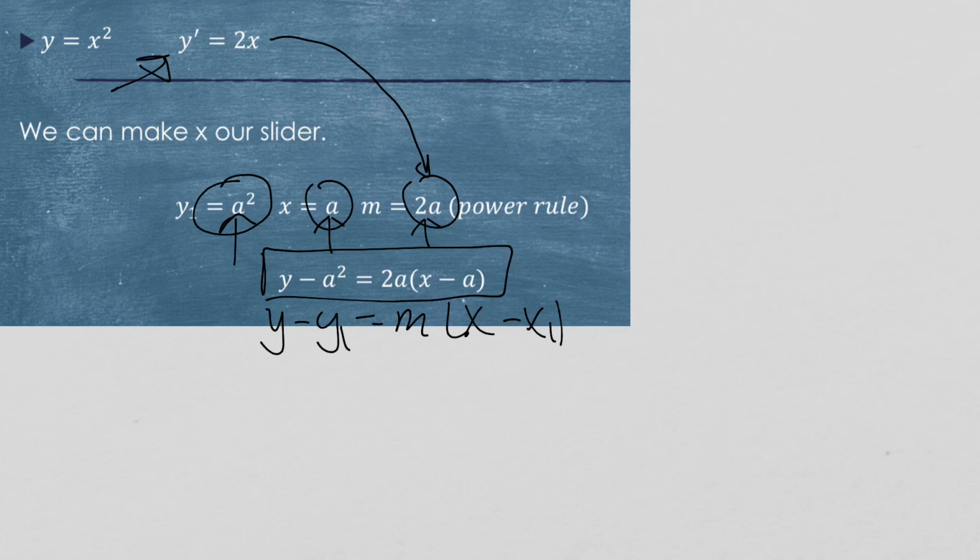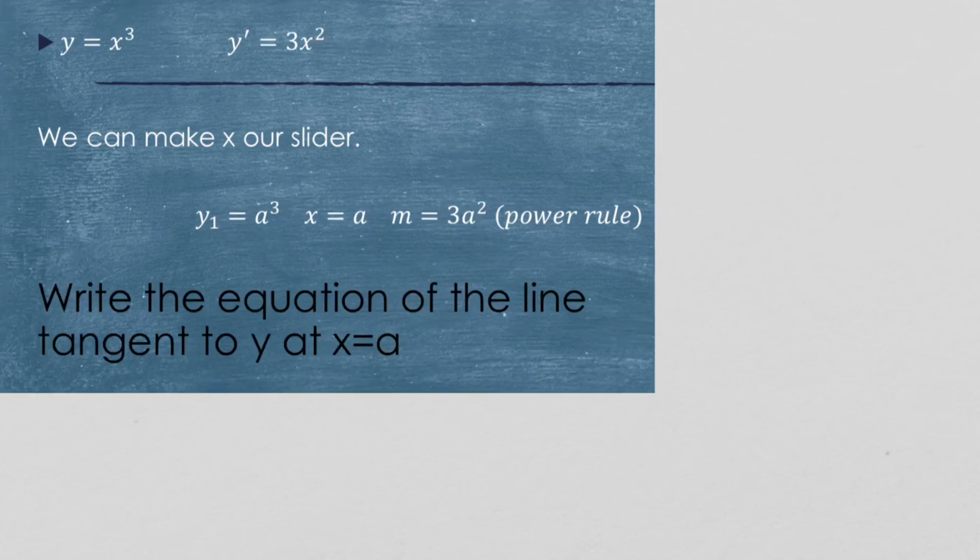All right, let's try now this one. Y equals x cubed. You could pause the video and see what it would be. What would be the equation of this tangent line, specifically at x equals a? So let's go ahead. We have our power rule, our derivative, 3x squared. We're making the original equation a to the third instead of x to the third.